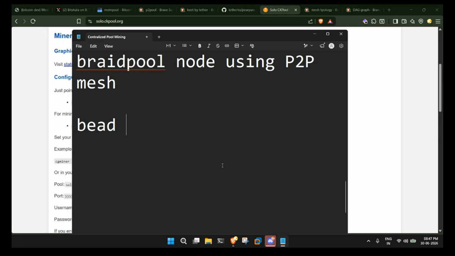Another question is who will give the template? Because Bitaxe will not create the template. Bitaxe is just a small home miner. So your own Braidpool node, which you are running, will give the template to the Bitaxe. Your node will talk, if you're not running a full node, to any other Bitcoin full node which is available publicly, or to one on the same machine if you're running it, which is also fine.